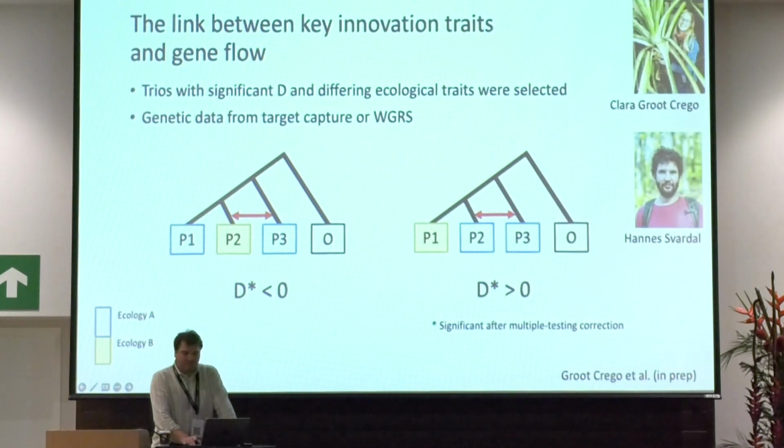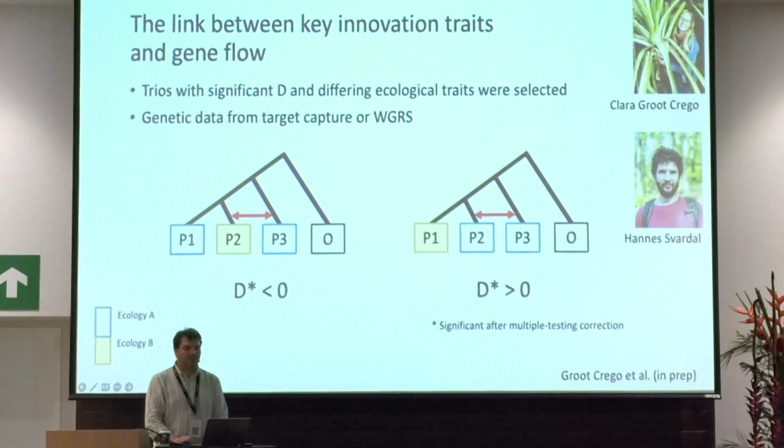Now, if I still have 1 or 2 minutes, I have some preliminary results from a study trying to link key innovation traits and gene flow. This is done by Clara together with one of our collaborators, Hannes Fardal. They were thinking about a test using genetic data and ecological traits in order to link these two patterns.